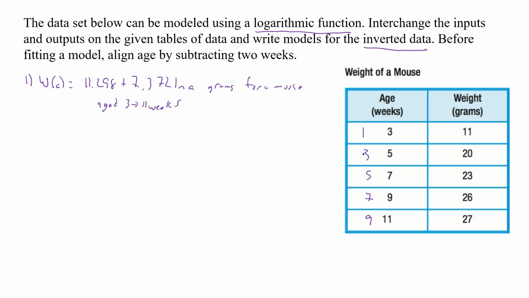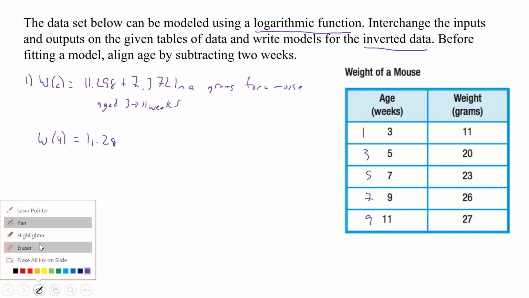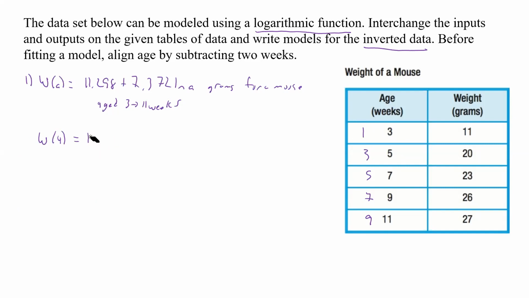Now, whenever we actually plug in something, we have to think about that. So let's say, it doesn't have it here, but let's say we want to know what is W of 4? We actually want age 4. So we're looking at the age here. We plug in W of 4, and what do we get? 11.298 plus 7.372 ln of 4, and that's going to be in grams.